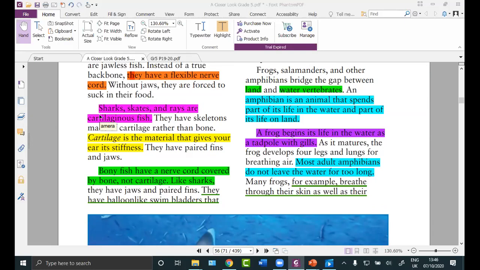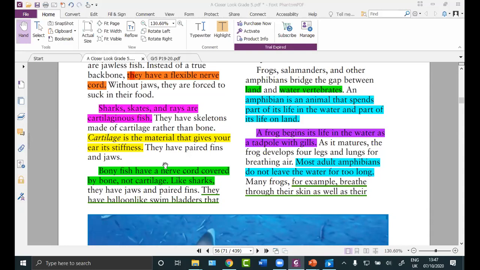Abdullah Muhammad now. Sharks, skates, and rays are cartilaginous fish. They have skeletons made of cartilage rather than bone.